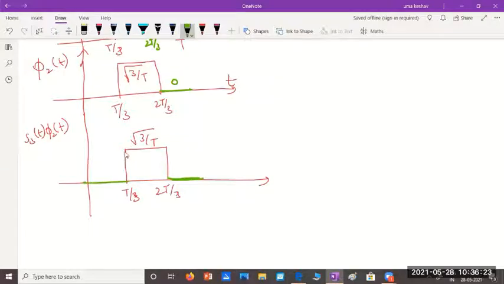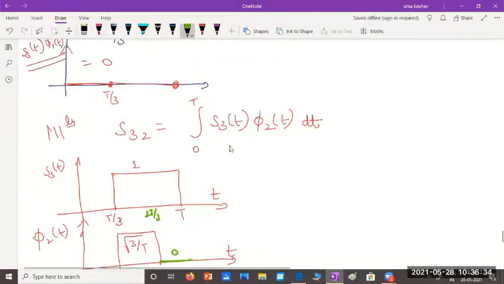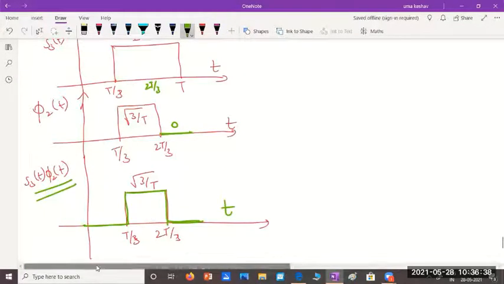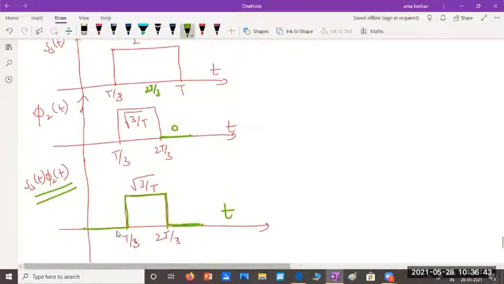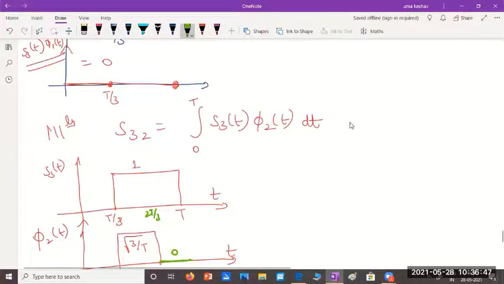So this signal exists only in this range. This is the product. So what is the area under this curve? See, integral means area under this product. Can you tell me what will be the area under this curve? It's width into height. It is root 3 by t into 2t by 3 minus t by 3.